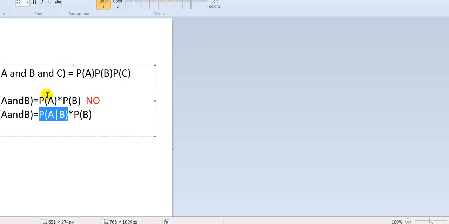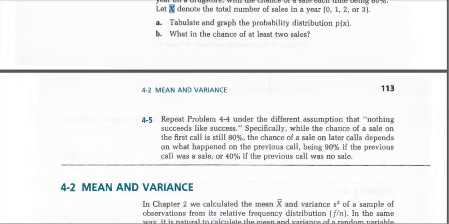Instead of writing what we'd like to have written, we have conditional relationships between the probabilities, so we can't do that. Okay, I'll leave that for you to work on. And we'll start section 4-2 next.